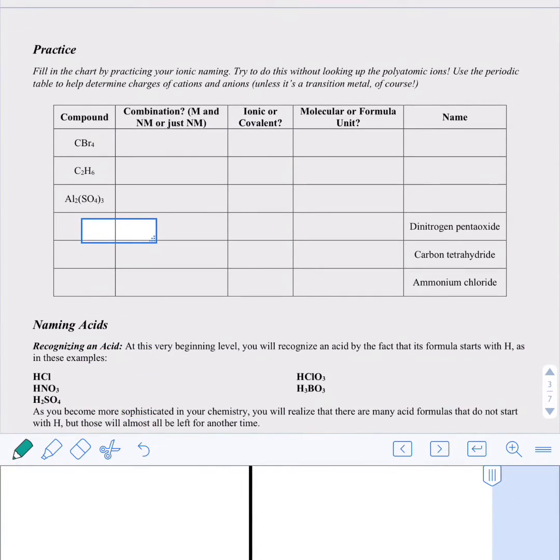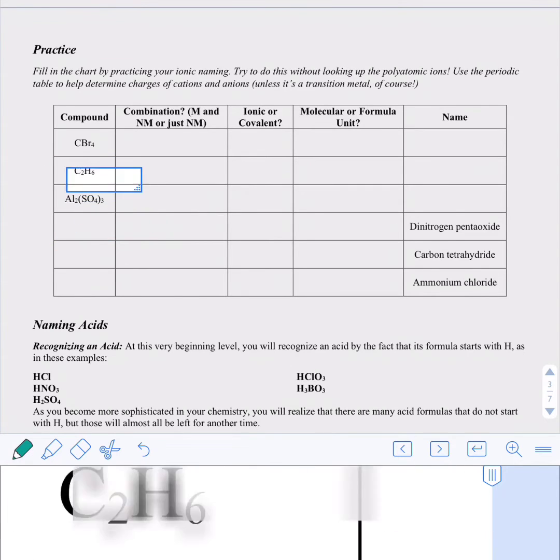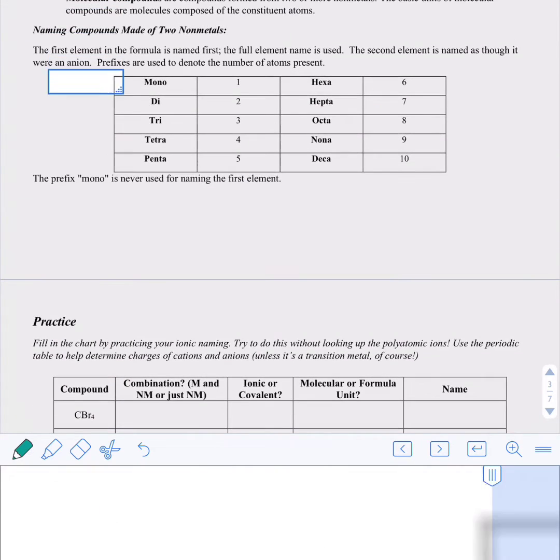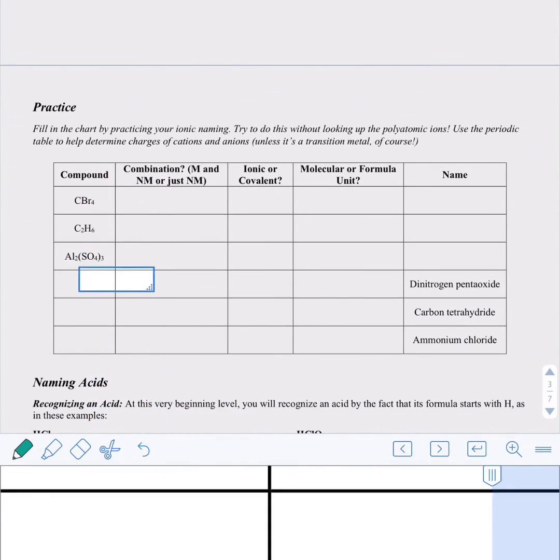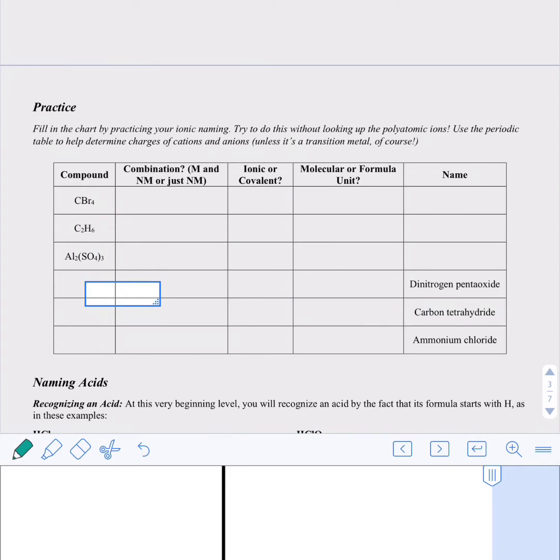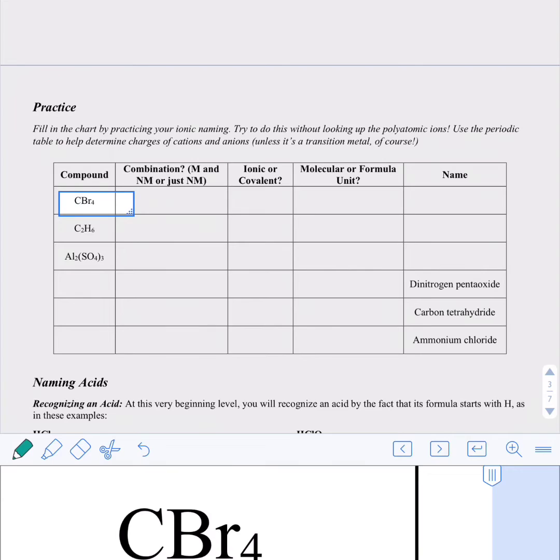Okay, so let's do some practice. With a molecular compound, I forgot to mention, remember those are two nonmetals. Ionic compounds are a metal and a nonmetal. So your first step when you're looking at a compound is to first identify what type of elements you're dealing with. This will tell you what type of compound it is. This first one, I have carbon and bromine.